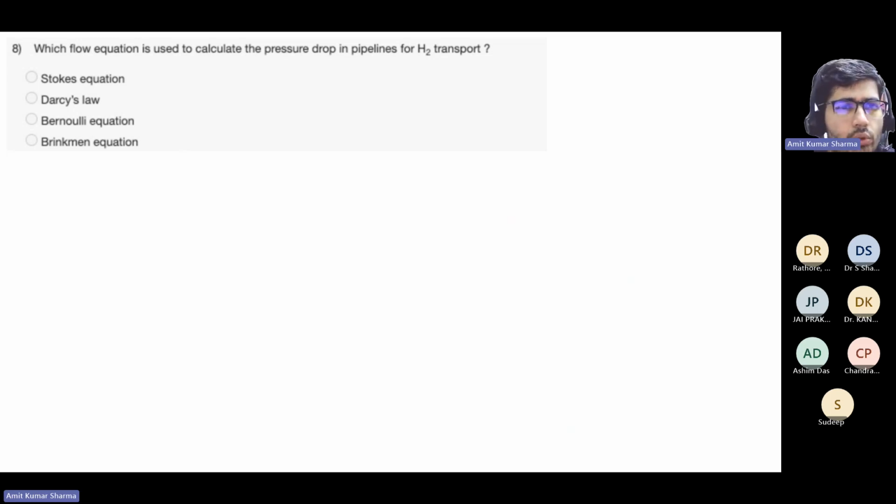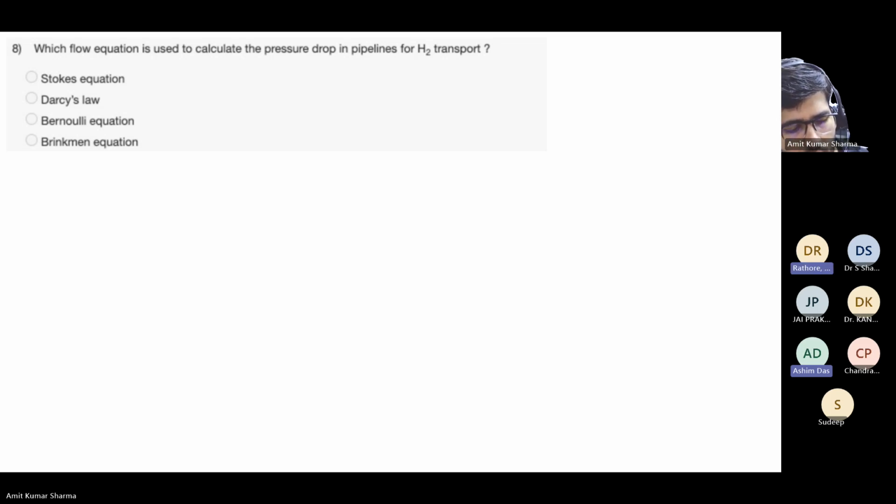Which flow equation is used to calculate the pressure drop in pipelines for hydrogen transport? Stokes, Darcy, Bernoulli's, or Brinkman equation? Pressure drop means maybe Darcy's law. Darcy is for liquid, and Bernoulli's is for all fluids.